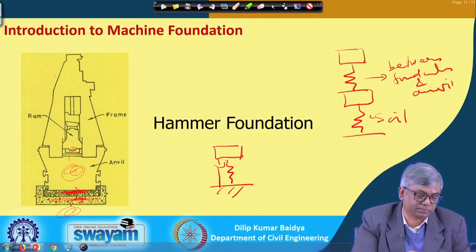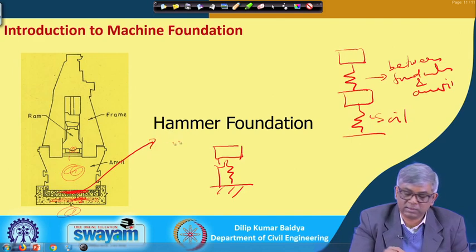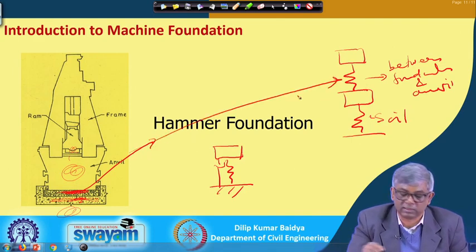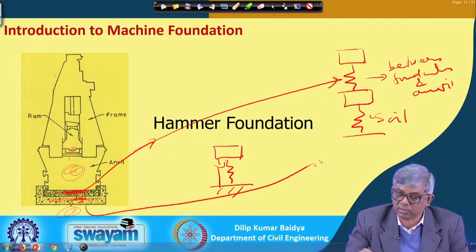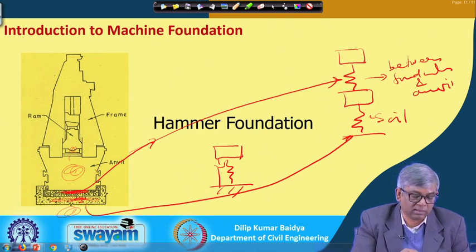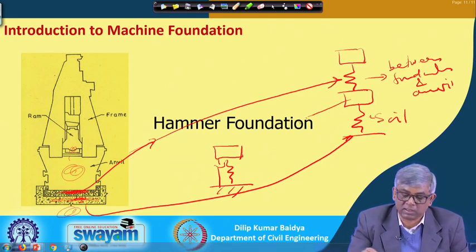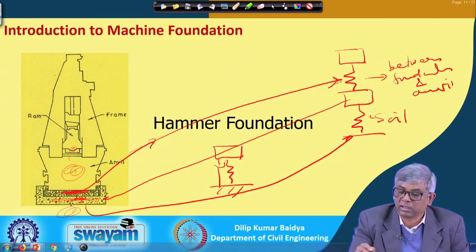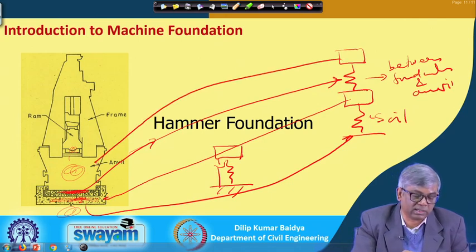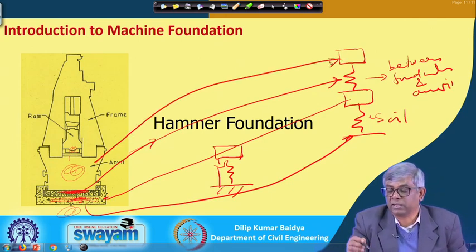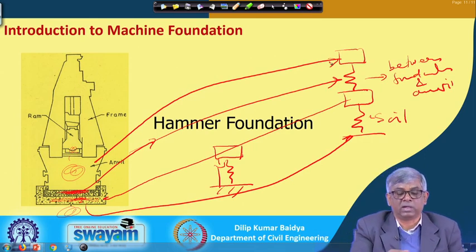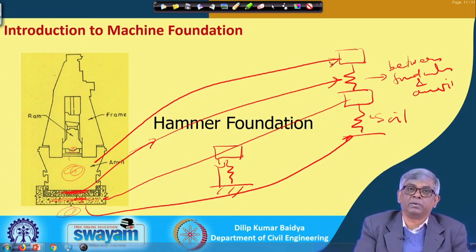So, this is corresponding to this layer, and this soil corresponding to this one, and this mass corresponding to this concrete, and this mass corresponding to this anvil. Okay. So, like that 2 degrees of freedom has to be done for this type of foundation, but we have not done 2 degrees of freedom.